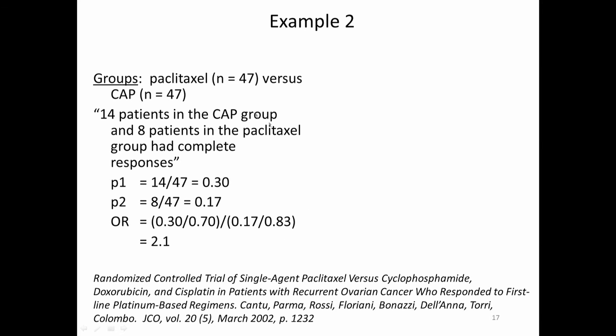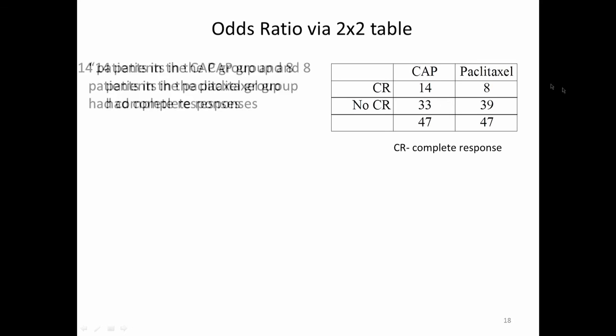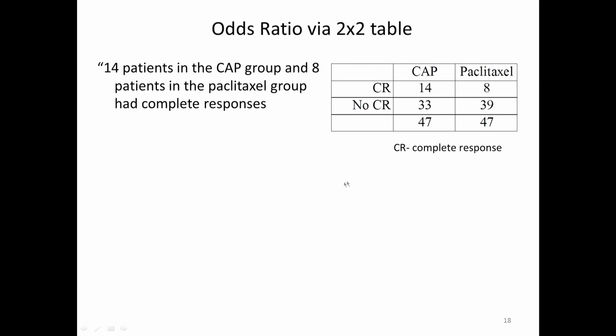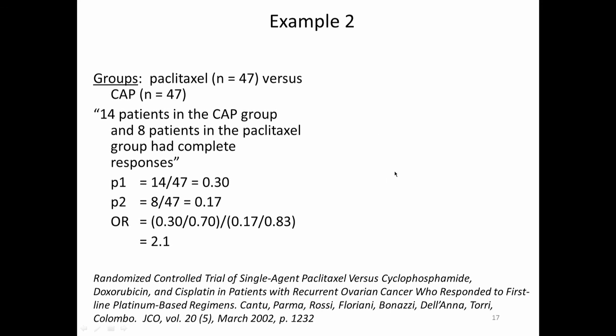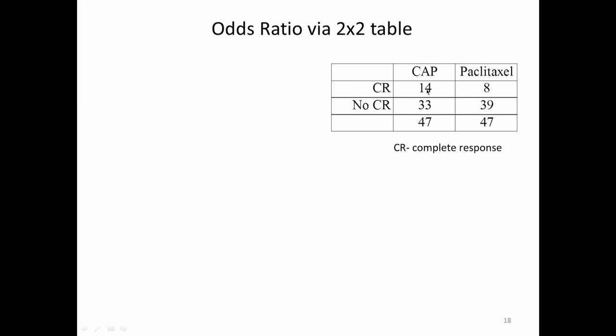We can do the same thing using the table also. The total is 47, so 14 people had a complete response, and no response is 33. For paclitaxel, 8 had a response, and no response is 39. To calculate the odds ratio, it is 14 into this divided by this into this.